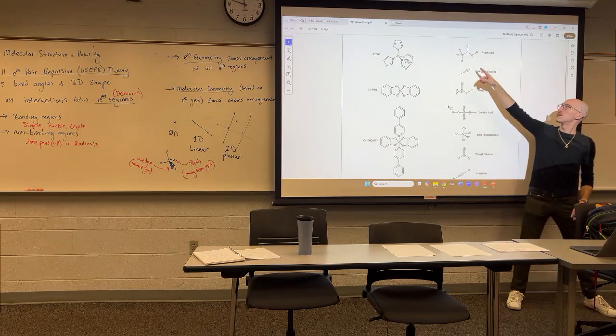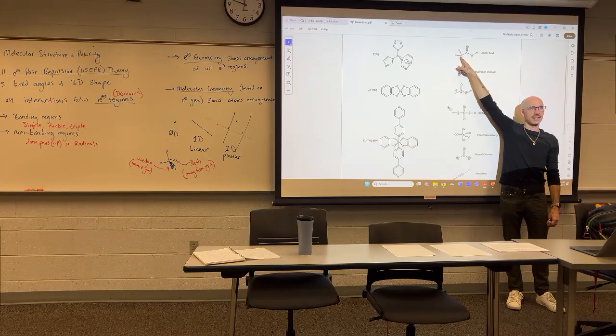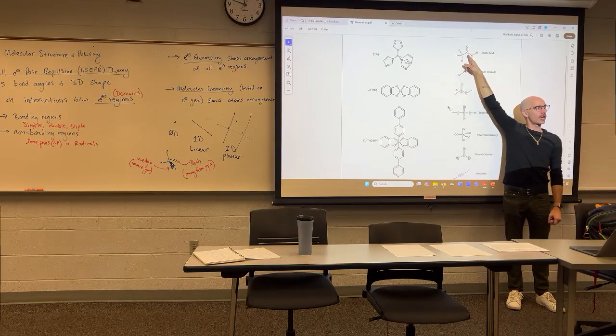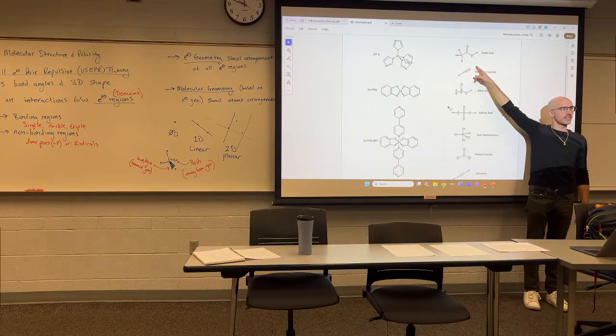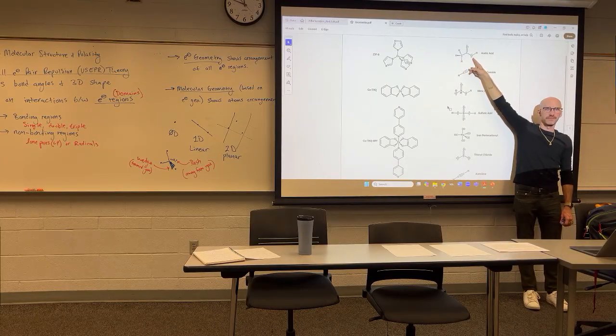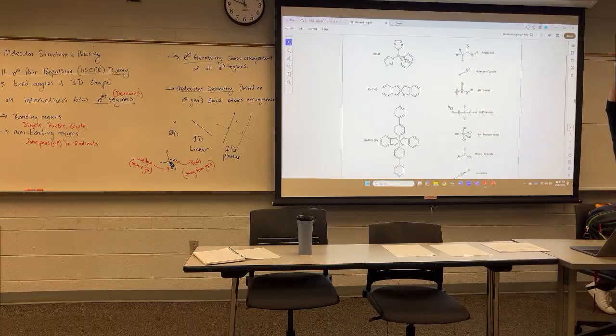Carbon on the left, tetrahedral electron and tetrahedral molecular. Carbon in the middle, trigonal planar electron and trigonal planar molecular. No lone pairs on those carbons. So their electron geometries are their molecular geometries. What about oxygen here? Tetrahedral electron geometry, bent molecular geometry. Good.